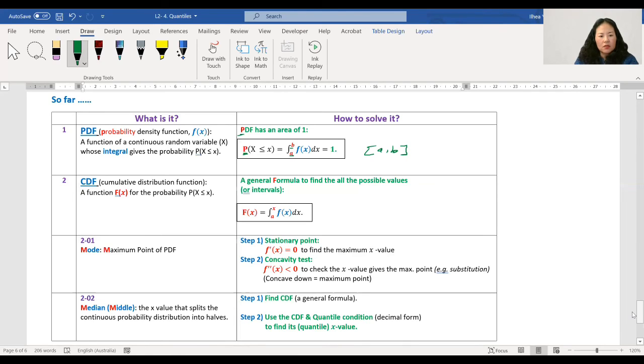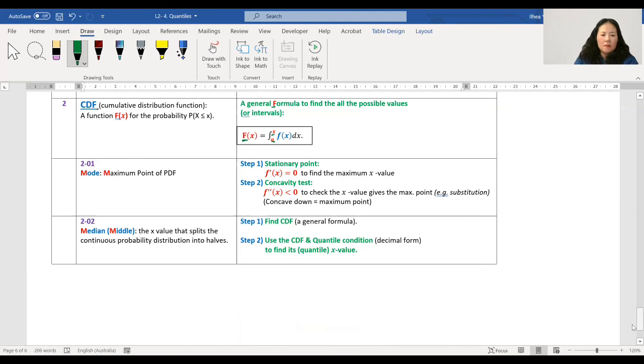Now we moved on to the CDF, the cumulative distribution function. It's actually just a general formula, so F stands for formula, maybe that's easy to remember, capital F of x. And remember, partial limits under the curve. We are not looking for the whole area, it's part of the area, so we have limits of A to x. Under that, we've done the mode, which is the maximum point of the PDF.